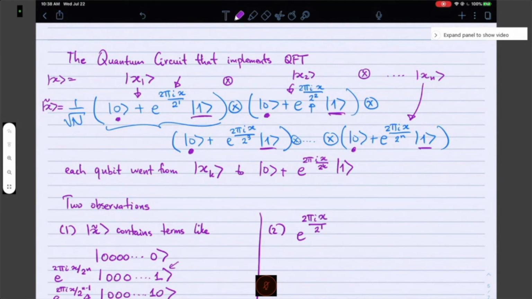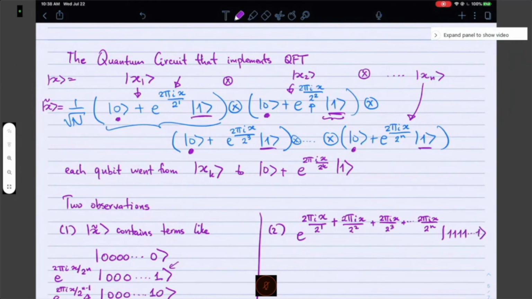You get another exponential from this part. If you're going to multiply two exponentials, I'm just going to keep adding them here in the exponent. 2 pi i x over 2 to the power of 2, 2 pi i x over 2 to the power of 3, going all the way to 2 pi i x over 2 to the power of n. And that's the phase in front of the 1, 1, 1, 1 state.